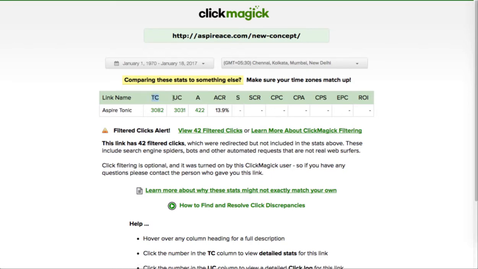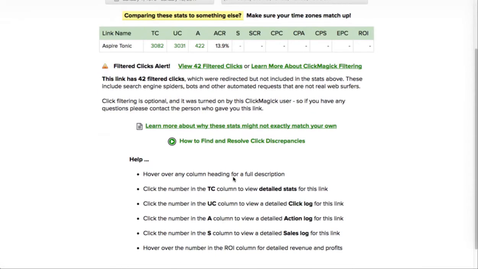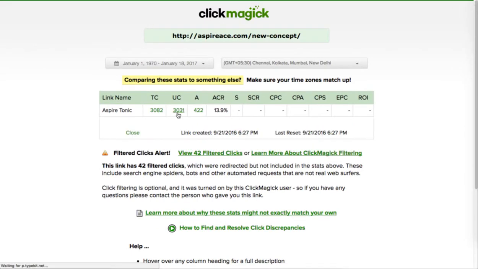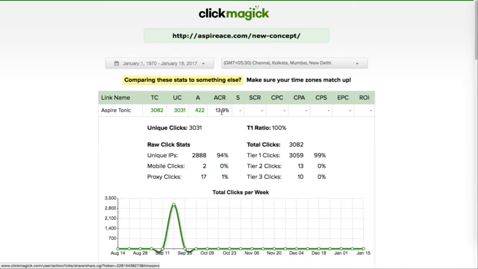The TC is total clicks, UC is unique clicks, A is actions. This is the action conversion ratio, and you can find all these details here or in the help section of ClickMagick. But here we have 3031 clicks, 422 actions at a 13.9% conversion rate, right? So this information is very essential when somebody is buying traffic from you.